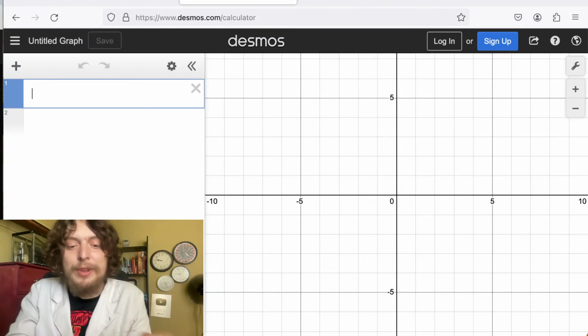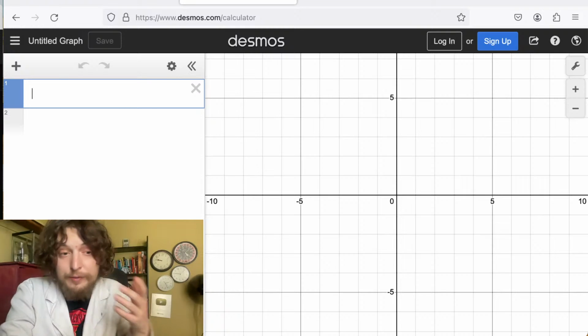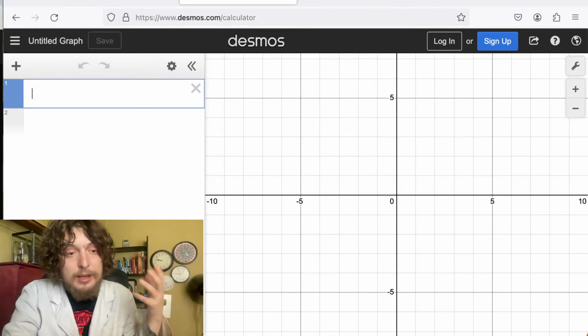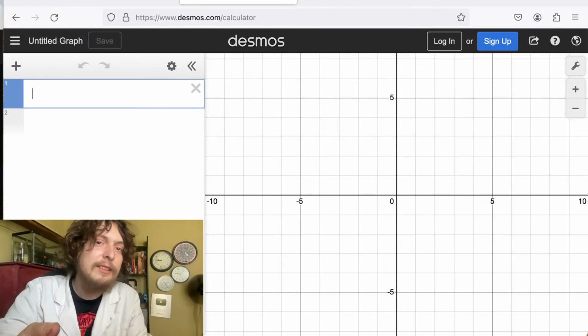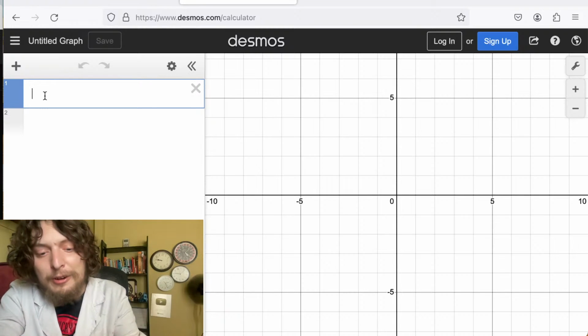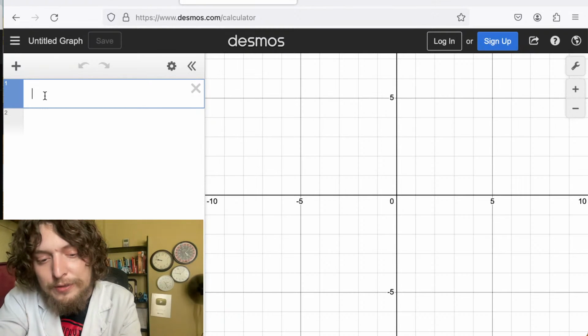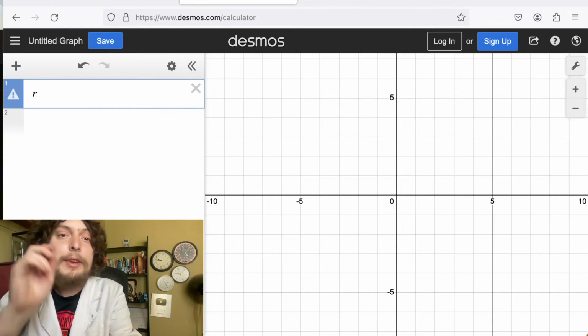For example, let's start with the circle equation that should form a sphere if we do it at the right size here. I mean, it'll form a sphere in any case, but we'll be able to see the sphere if we're at the right angle and the right size. So let's say the sphere equation, which would be our radius squared, which we're just going to call r.